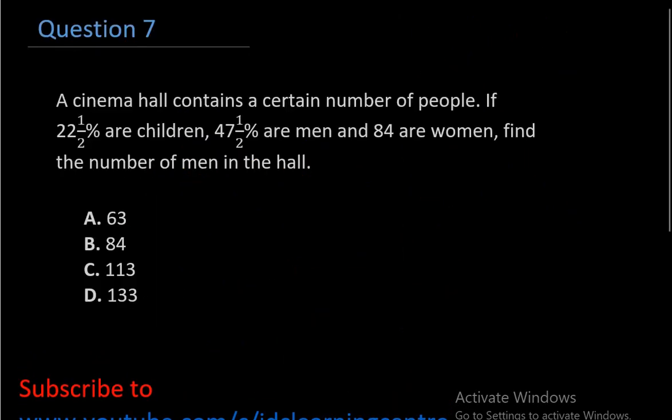Alright, question 7. The question says, a cinema hall contains a certain number of people. If 22.5% are children, 47.5% are men, and 84 are women, find the number of men in the hall.